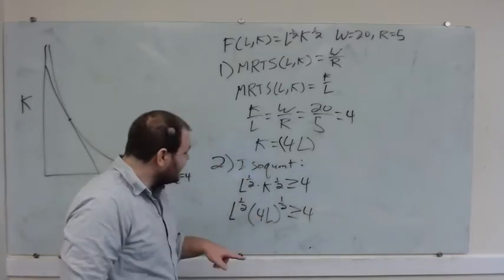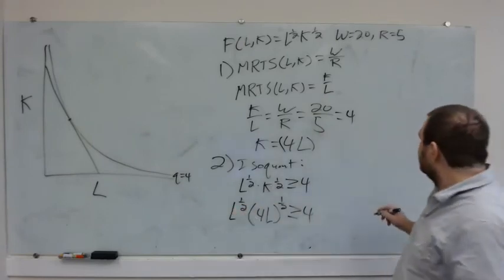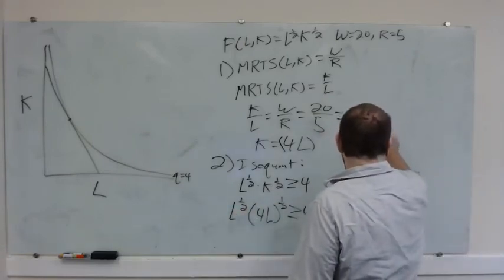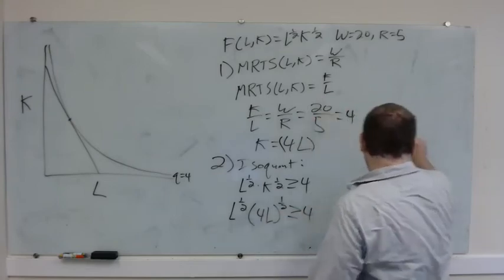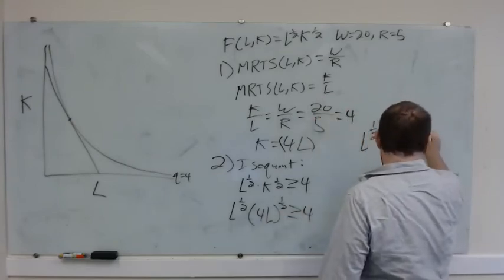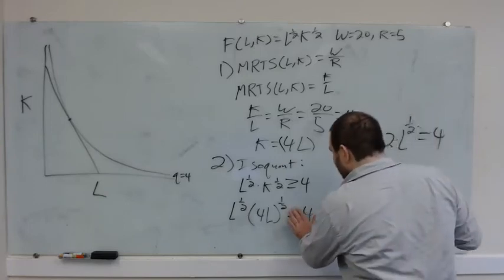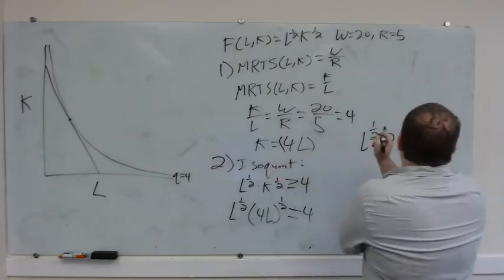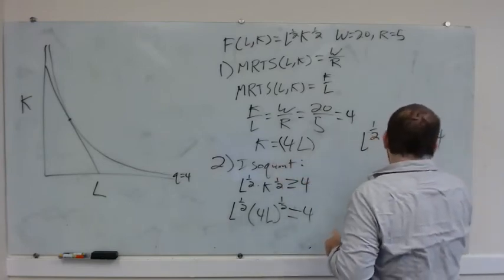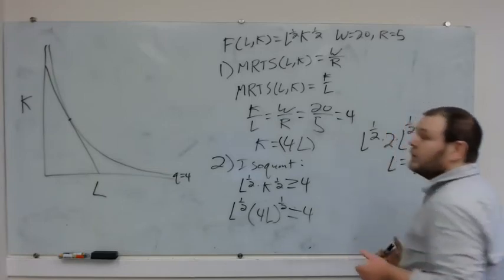This thing here I can break apart. I can distribute the 1/2. So I'll say L to the 1/2 times 4 to the 1/2, which is 2, times L to the 1/2, equal to 4. This should really be equal because we're satisfying it with equality. So then L equals 4 over 2 equals 2.